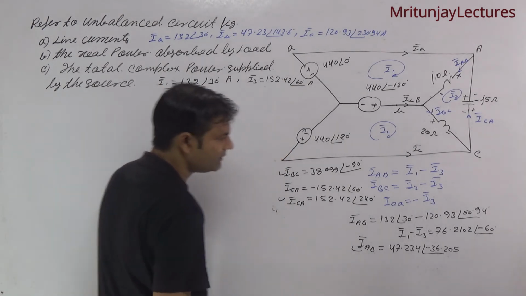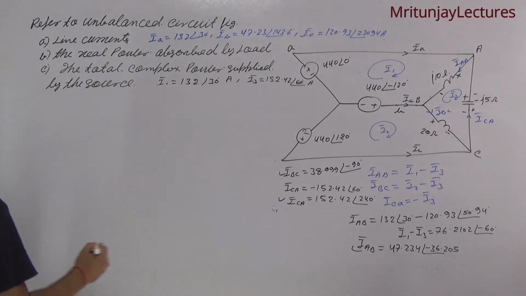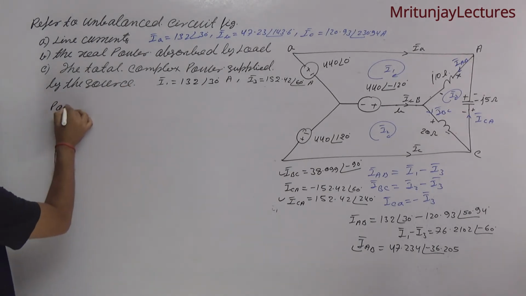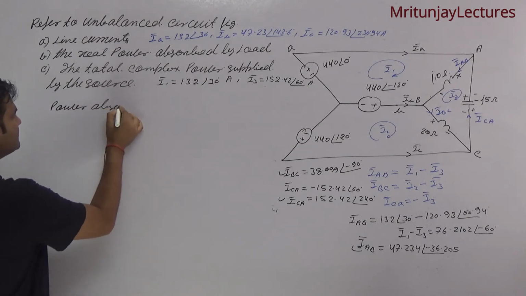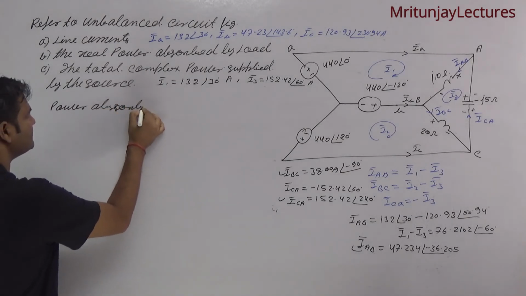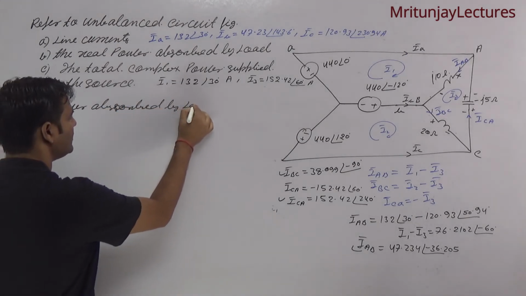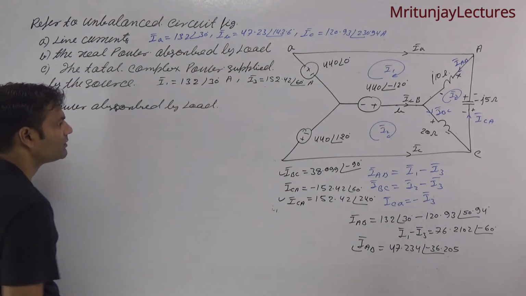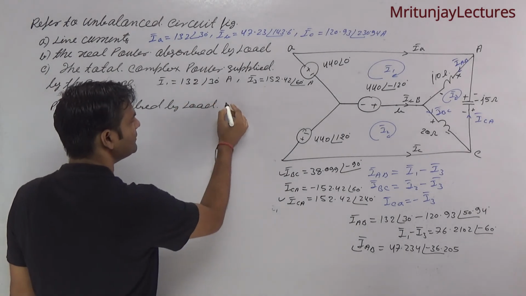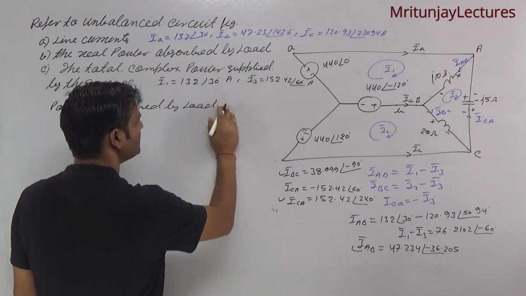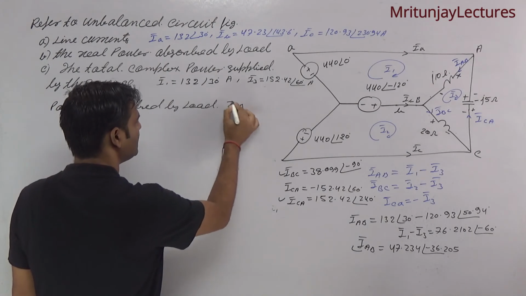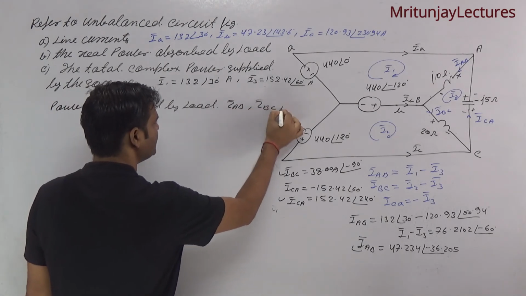Okay, now power absorbed by load: S of AB, Z of AB, Z of BC and Z of CA.